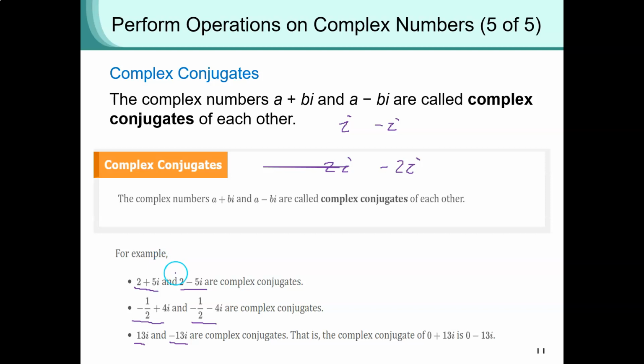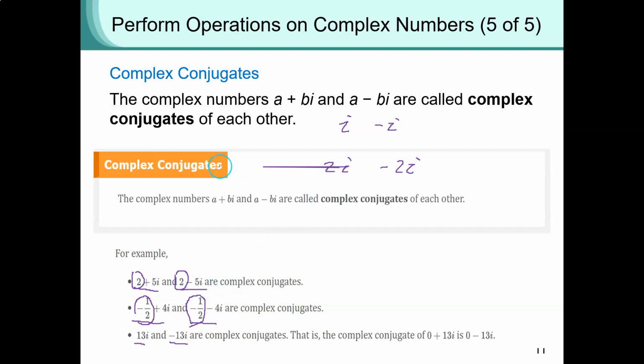So keep in mind, the sign will be opposite, one is positive, the other is negative, in front of the i term, not the real number part. The real number part stays the same. Nothing changed here, right? Negative half, negative half. The only sign change is in front of the imaginary part.